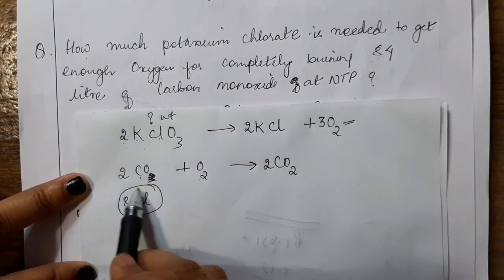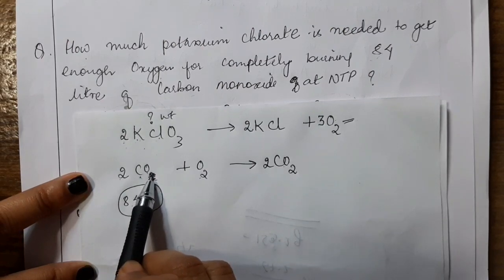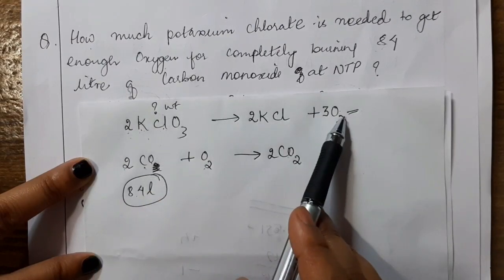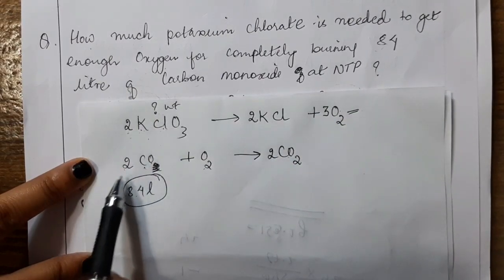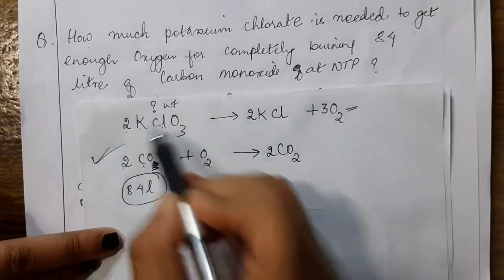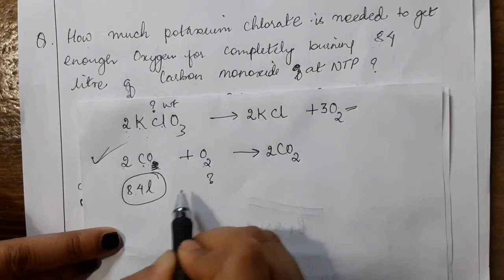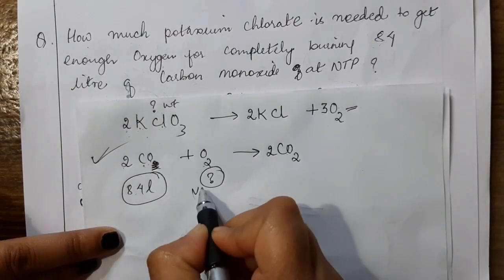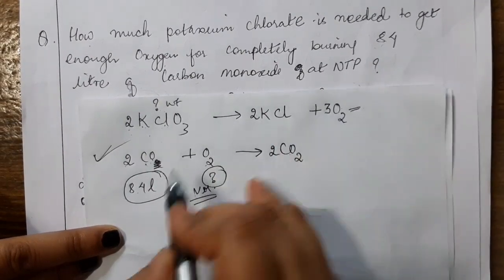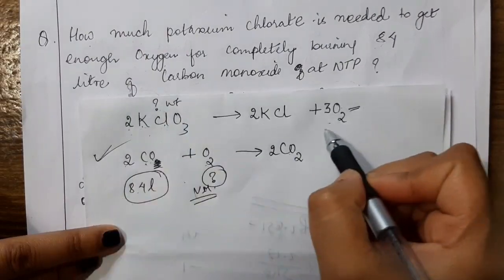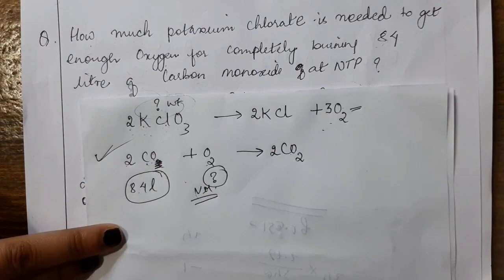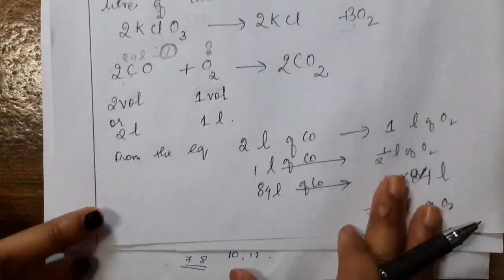So 84 liters of CO is given, and you have to find out the weight of KClO3 which will give you enough oxygen to burn 84 liters of CO. So what you'll do is, first from this reaction you'll find out the amount of O2, or the volume of O2. Then when you get the volume of O2, you'll find out the weight of KClO3. That is how you do it. So out here now, have a look.